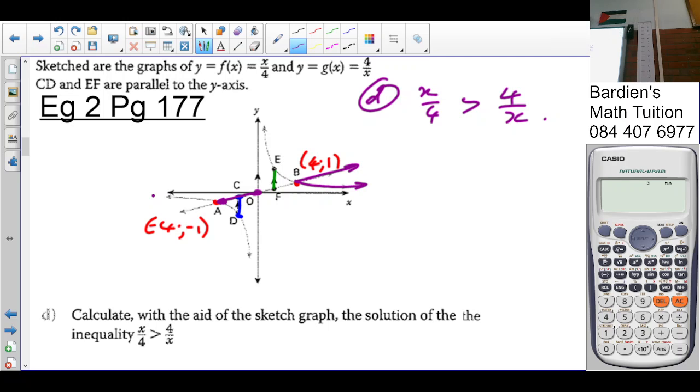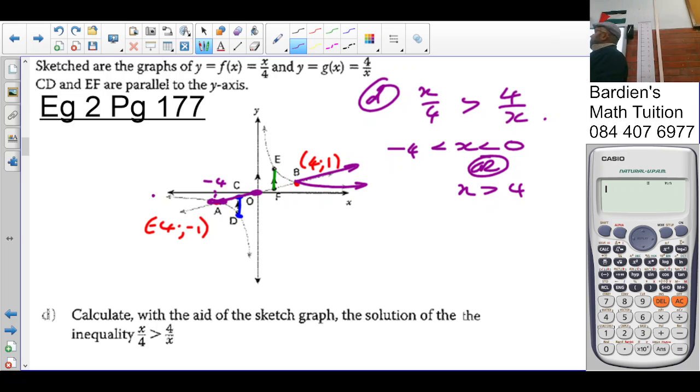So from x is equal to -4, from -4 till 0, it's continuous together. So x is greater than -4 but less than 0, or x must be more than 4. There we go.